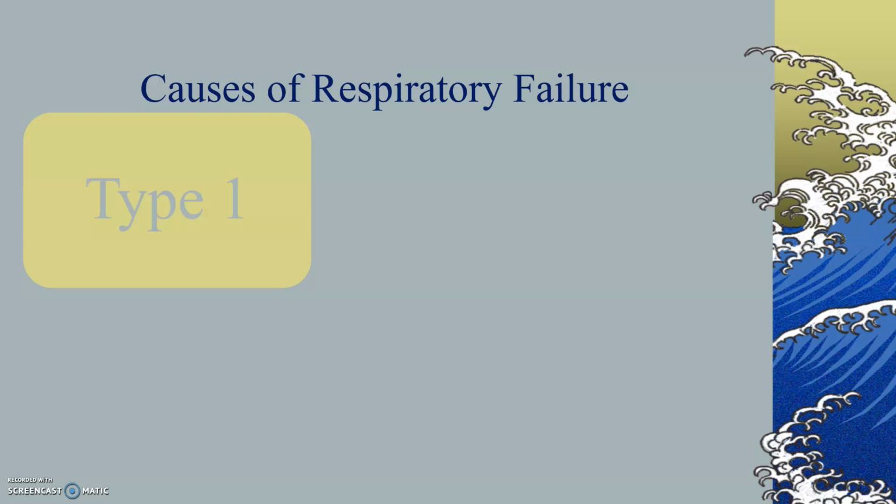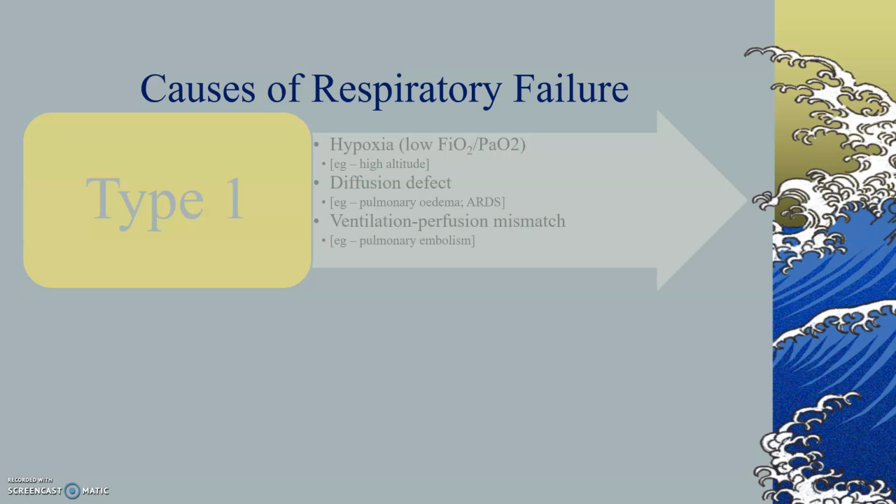Again, the causes of respiratory failure can be looked at in terms of type 1 and type 2 respiratory failure. So patients with type 1 respiratory failure, that is a low PO2 and a low PCO2, can be caused by low levels of oxygen in the inspired air.